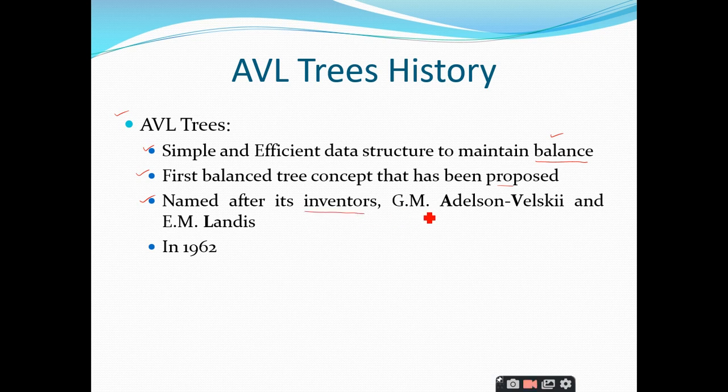G.M. Adelson-Velsky, so we take A from here and V from Velsky, and E.M. Landis, we take L from here. That is the reason why we call these trees AVL trees, and it was proposed in 1962. It was proposed in 1962, and still we are studying these concepts. It is used in many applications where you want to store a large amount of data, right?